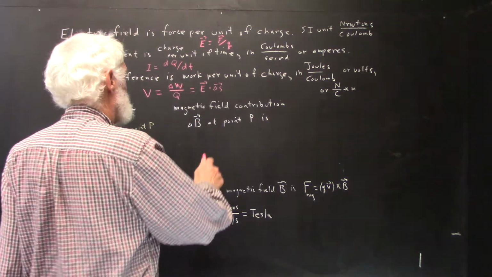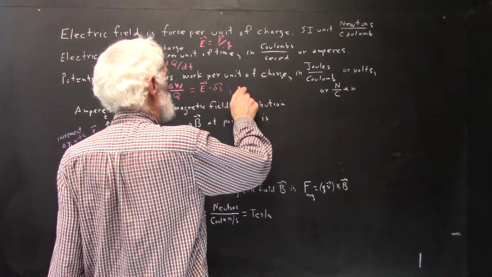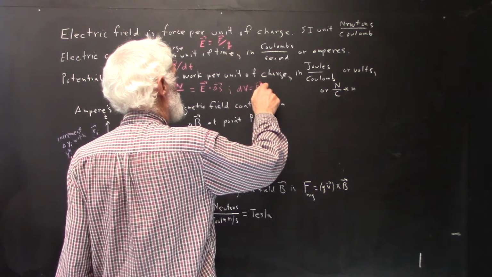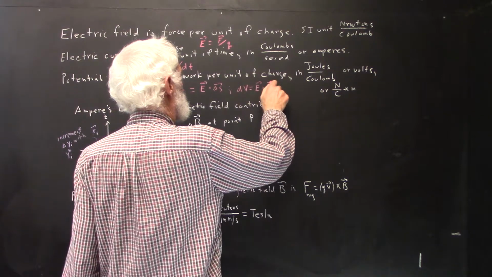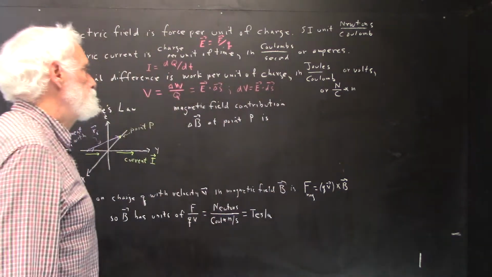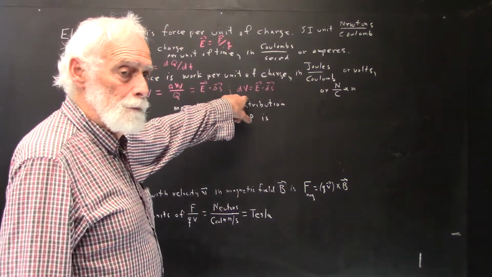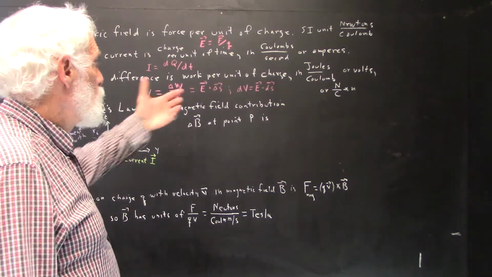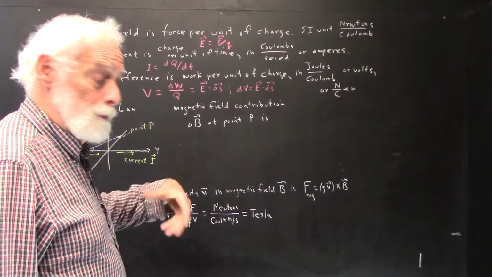We could even write this, dV equals E dot ds. And that's still work per unit of charge between the 2 points.